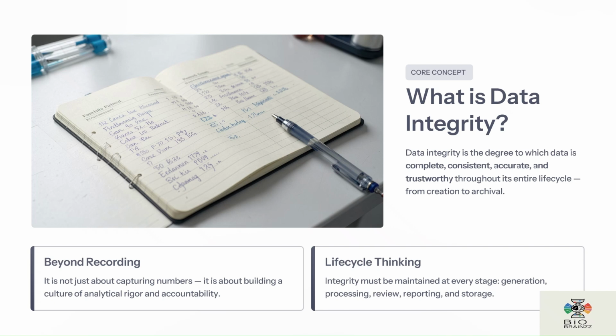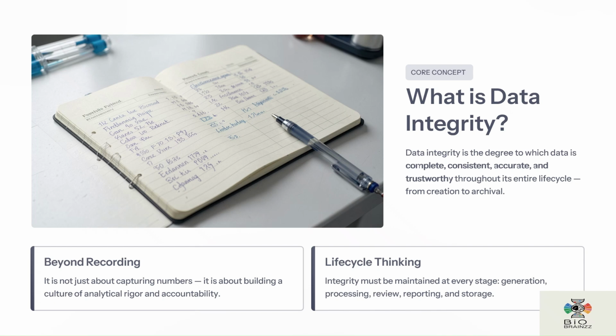Let us first understand what data integrity actually means. Data integrity refers to the degree to which data remains complete, consistent, accurate, and trustworthy throughout its entire life cycle. This life cycle begins when data is created and continues through processing, review, approval, reporting, storage, and archival.